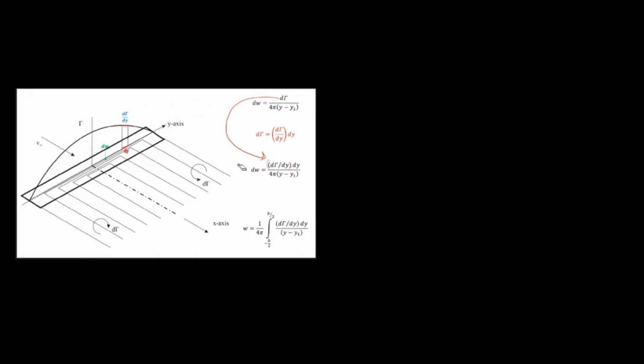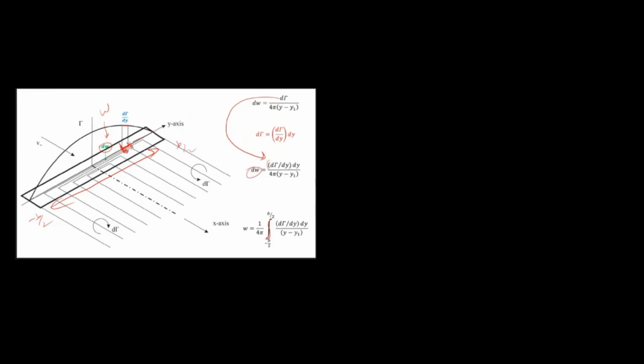Okay. So this dw is induced by the small distance dy. Then if I want to find the downwards velocity induced at this point by the complete vortex filament arrangement, simply I have to integrate it from plus b by 2 to minus b by 2. So for the small distance dy, it is dw.